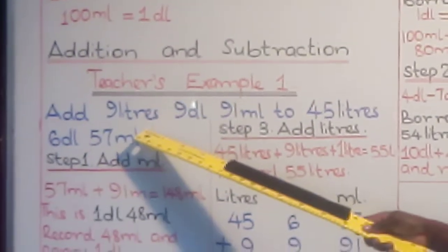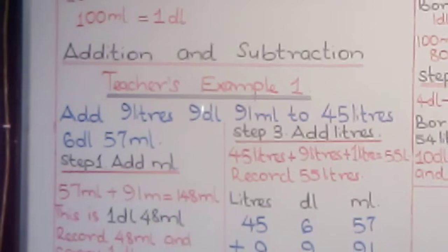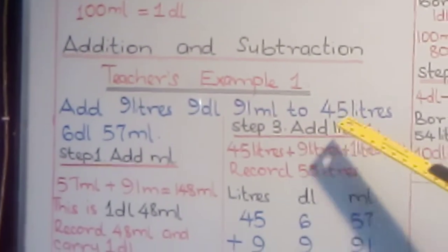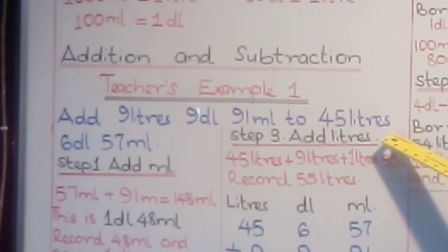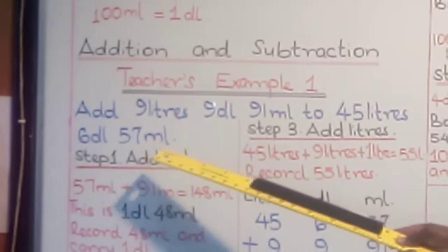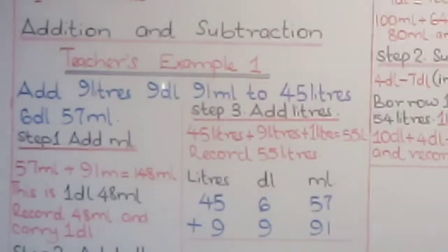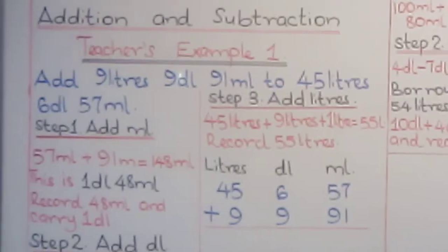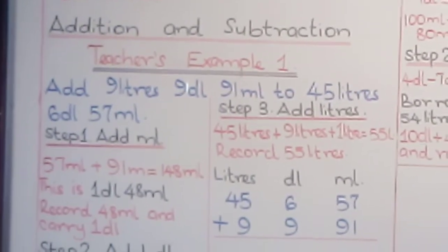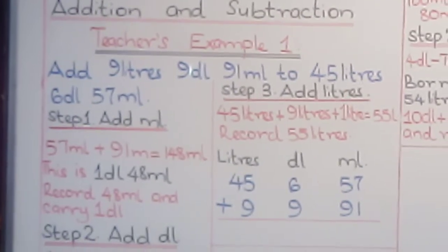Add 9 liters, 9 deciliters, 91 milliliters, to 45 liters, 6 deciliters, 57 milliliters. That is a task that you are supposed to undertake. This task is supposed to be done in 3 steps.